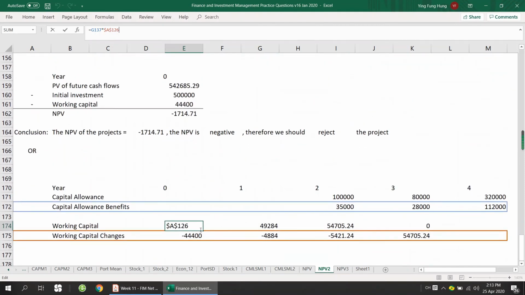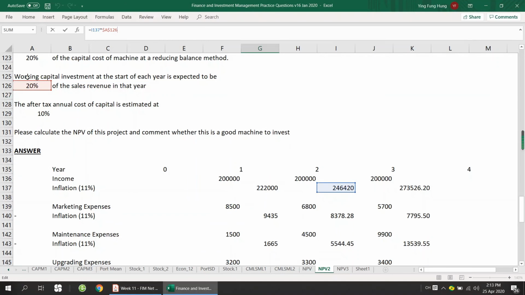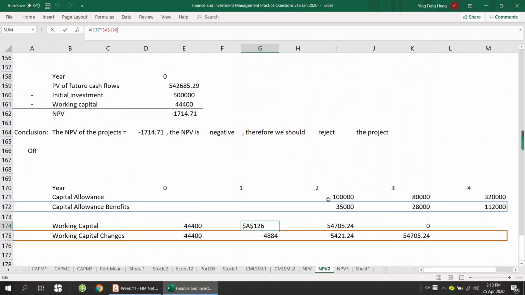So for year 0, it's going to be 20% of the sales in year 1. And then again, you take 20% of the sales in year 2. And then following the similar step, 20% of sales in year 3 and 20% of sales in year 4.